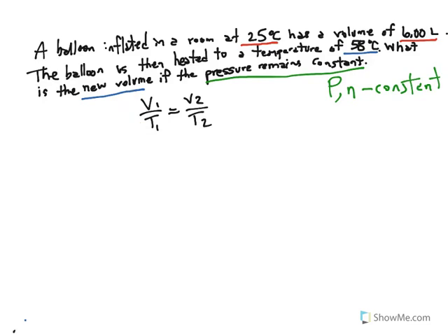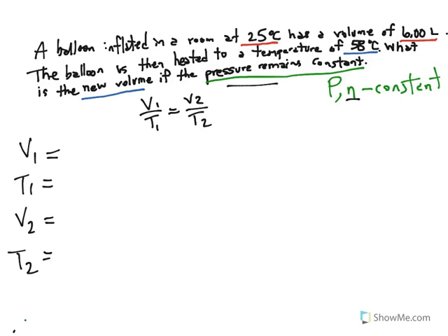Alright, so let's figure out what it is we're looking for and any other calculations that we need to make. So we are going to use this law because pressure is constant and the number of moles is constant. So V1, T1, V2, T2. Let's see which one we're going to solve for. V1 is the initial volume.